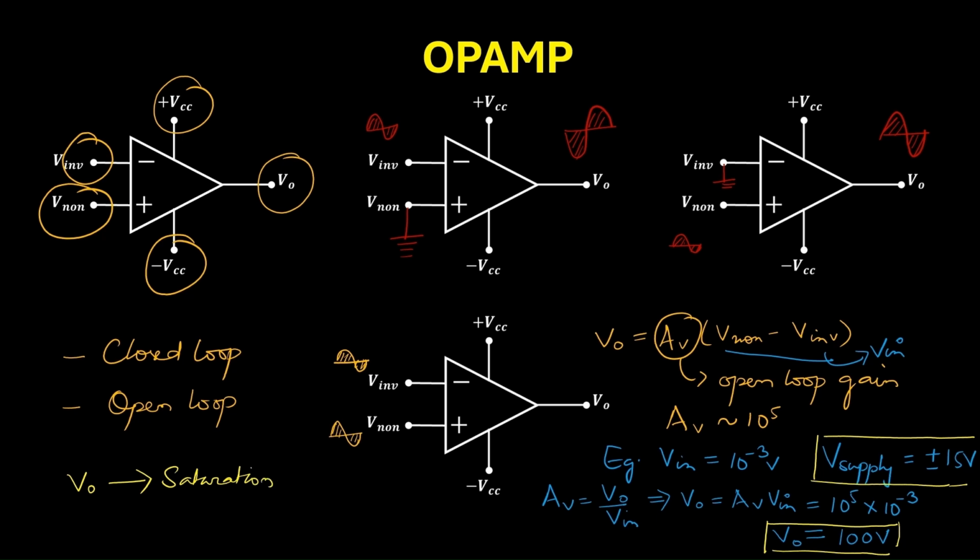And this saturation voltage, we denote it by V saturation like this. And this V saturation is generally 1 volt to 2 volt lesser than V supply.